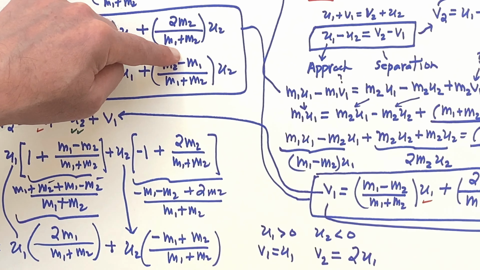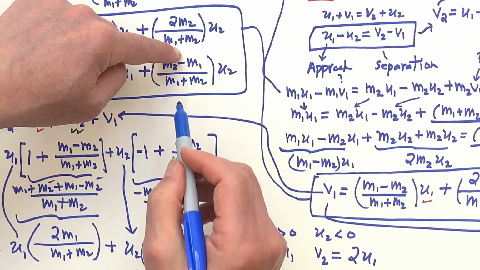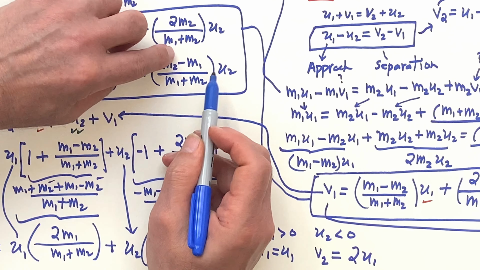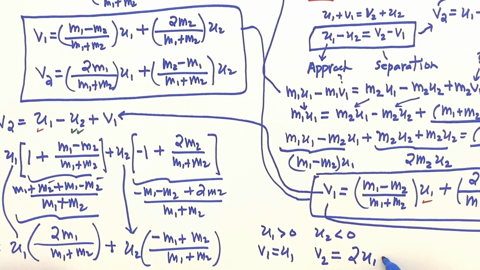You have more, because the ball's coming in now. The ball's coming in. So here, since the mass of the bat is so large, we can throw away the mass of the ball, and that's minus U2. But remember, U2 is less than 0. It's coming into the bat. So this is the more general formula that you get.